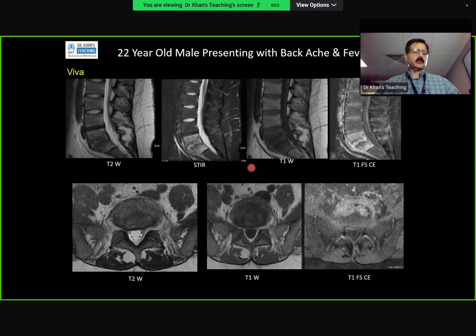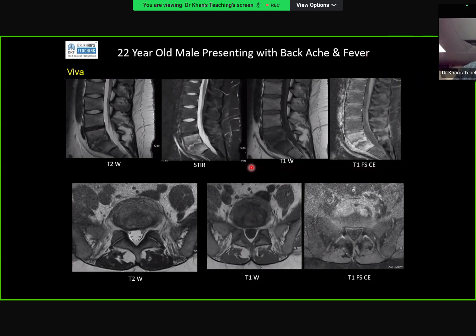So I've been provided with the MRI sequences. I can see there's an altered area of marrow signal, which is appearing hypointense on T1, hyperintense on T2 and STIR, involving the adjacent end plates, that is the inferior end plate of L5 and superior end plate of S1. And there's reduced joint space, and the joint space also appears irregular.